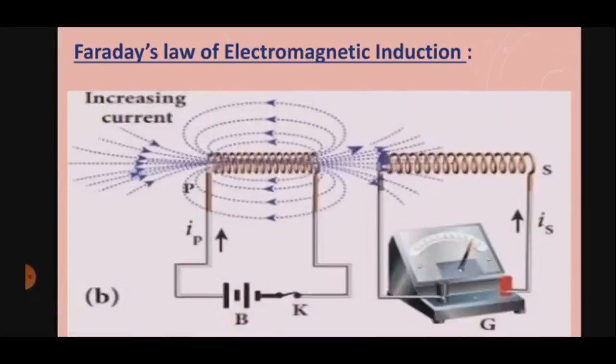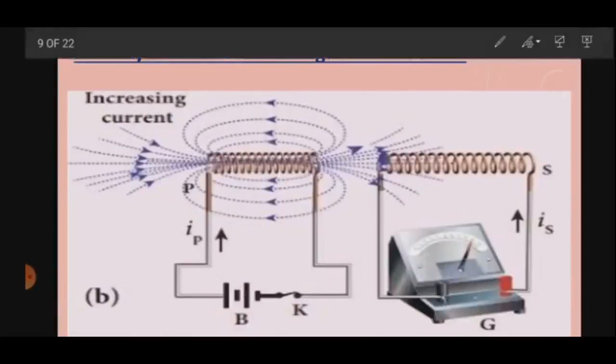Now understand, let us consider two coils C1 and C2. C1 coil we call the primary coil. C2 coil we call the secondary coil. Now the C1 coil is connected across a battery. One end of the coil is connected to the positive terminal, and the other end of the coil is connected to the key and the negative terminal of the battery.